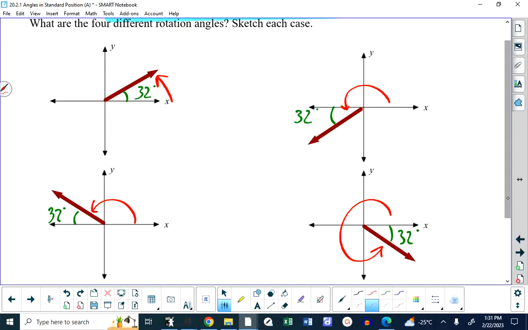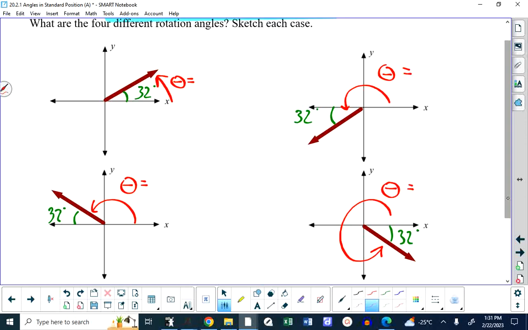If you're doing some kind of written work for me, like a quiz, like maybe tomorrow you come in and we have a quiz on this, put your phone away, please, then it would be expected on a quiz or a written assignment that you put arrowheads on the ends of those rotation angles. So I'm going to put theta equals, theta equals, theta equals. I usually just draw the thetas in quadrant 1 because that's where the thing starts.